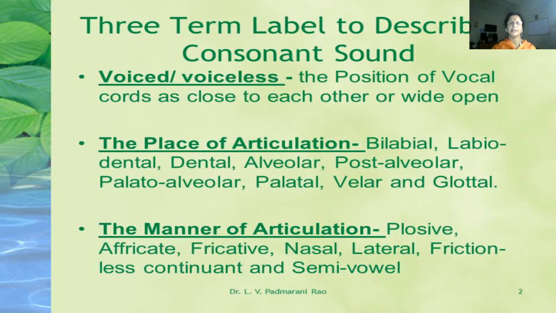And then we have the passive articulators. The organs within the mouth that are present in the upper jaw are called the passive articulators, because the upper jaw as such cannot move.